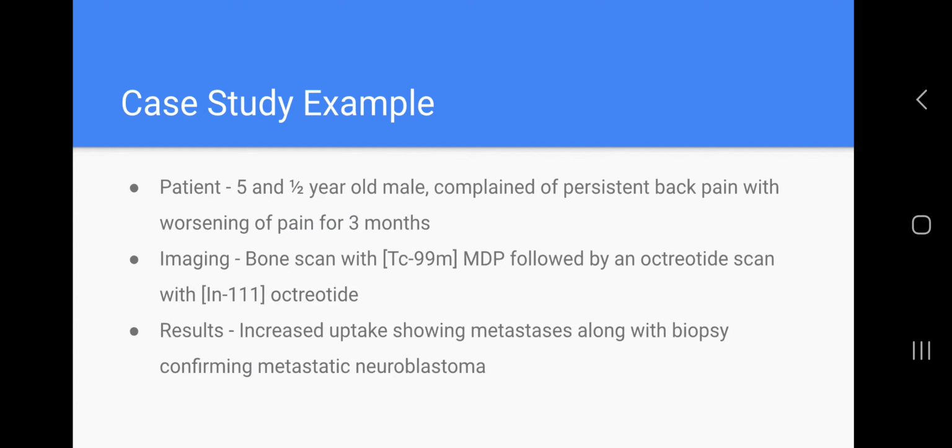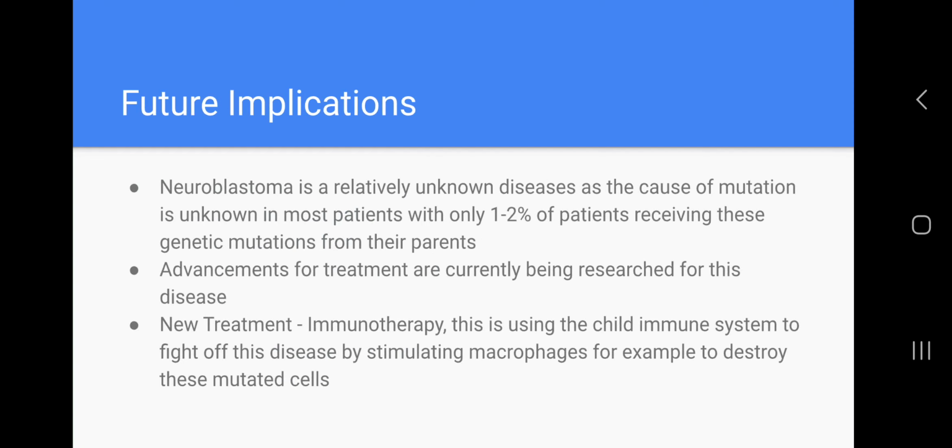The results of this were increased uptake that really showed metastases, and then they did a biopsy as well, confirming metastatic neuroblastoma.